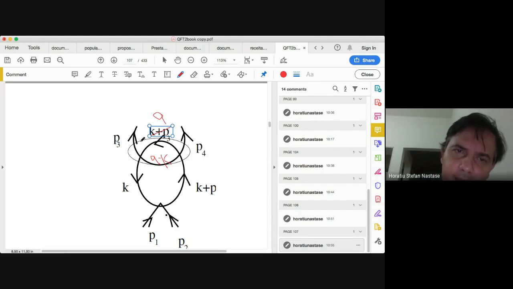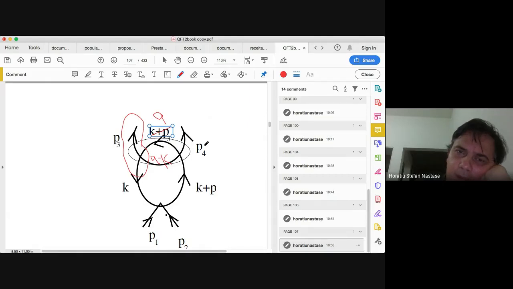But this depends on the external momenta. So the external momenta at this vertex are k plus p3. I can also say as k plus p plus p4.